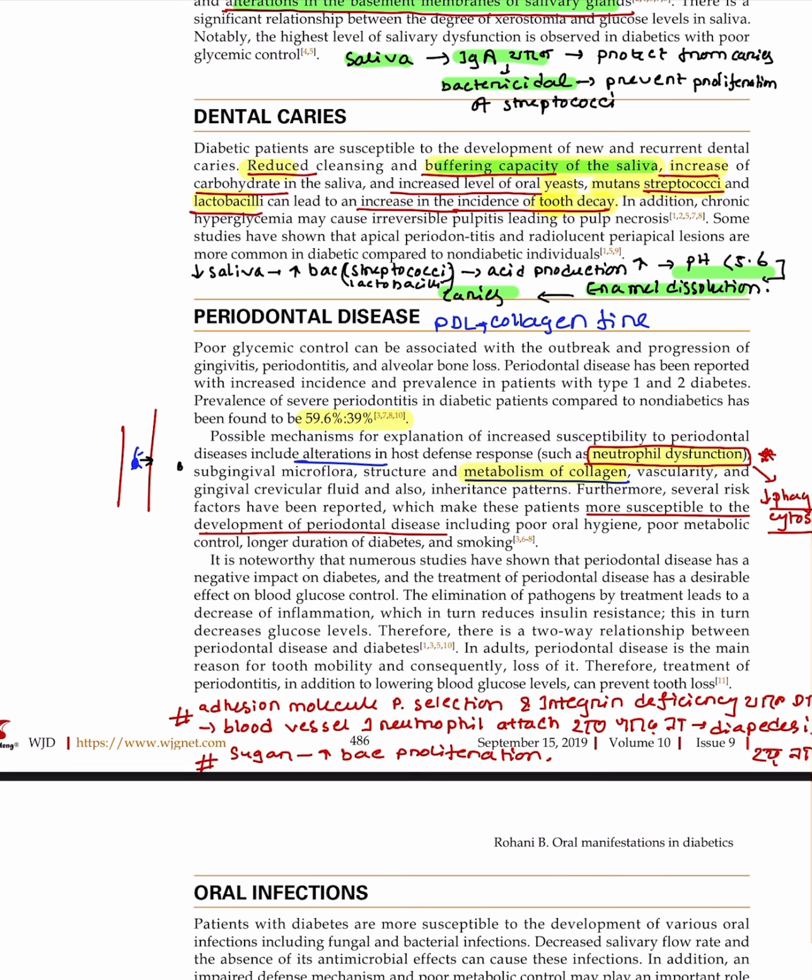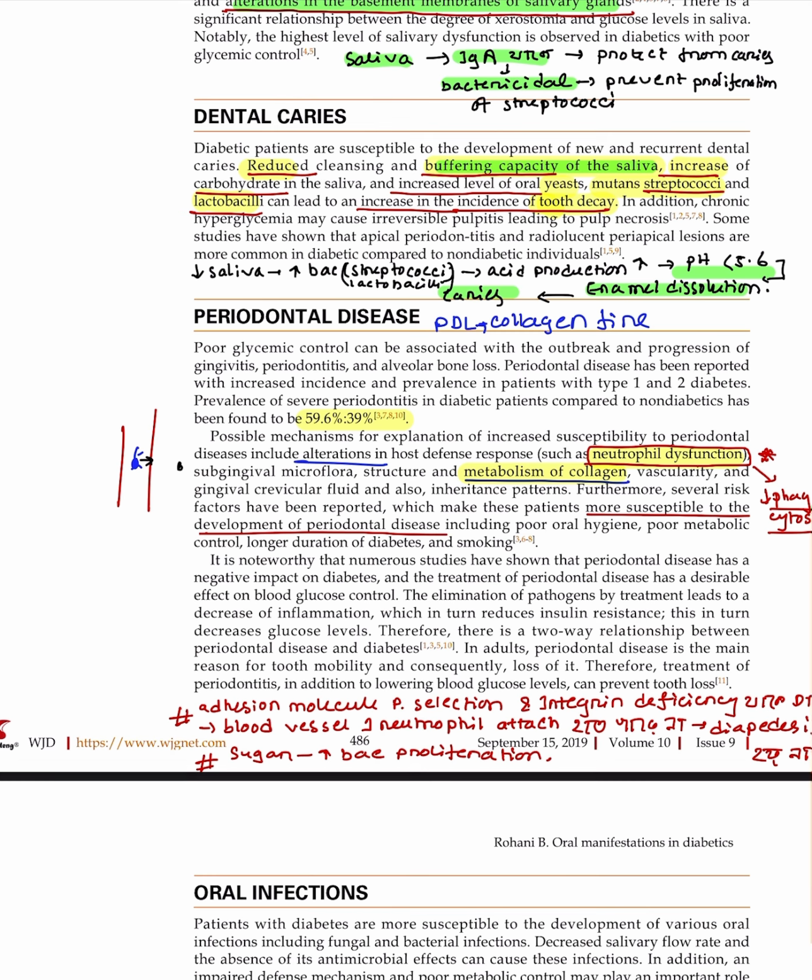So when there is a deficiency of P-selectin and integrin, the neutrophil will not attach to the blood vessel wall, the diapedesis will not occur, the chemotaxis will not occur, and ultimately the phagocytosis will not occur. So due to neutrophil dysfunction, the infection level increases, and resistance against infection and microbial flora decreases.